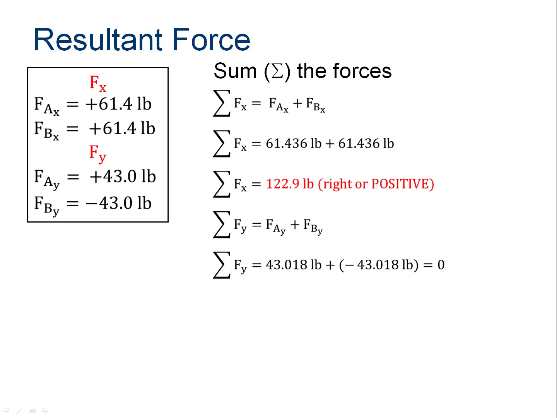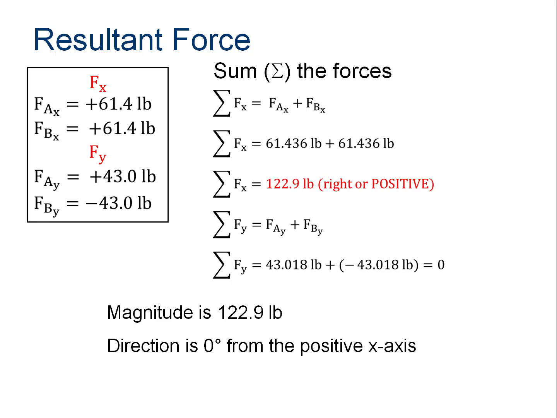So now what I can do is draw a resultant vector of both efforts. So my magnitude of my resultant vector is 122.9 pounds, and it's 0 degrees from the positive x-axis.